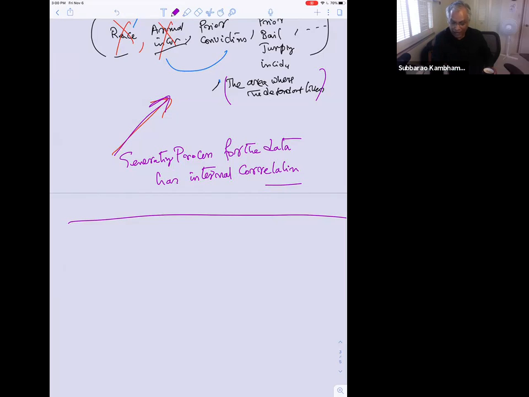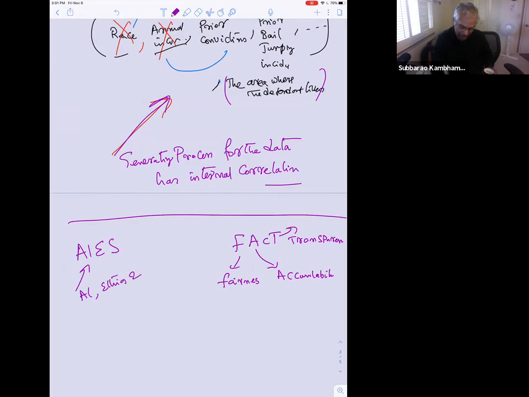There are multiple conferences. One is FACT, which is Fairness, Accountability, Transparency. The other is AIES, AI, Ethics, and Society. These are conferences that look at some of these issues.